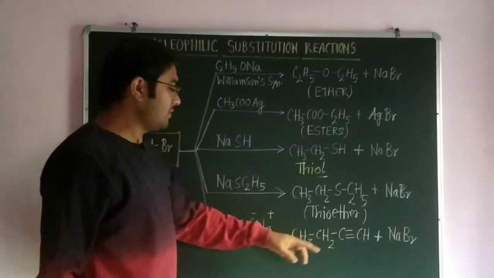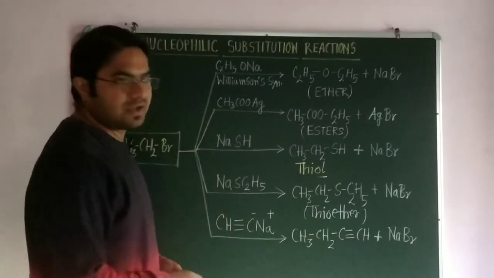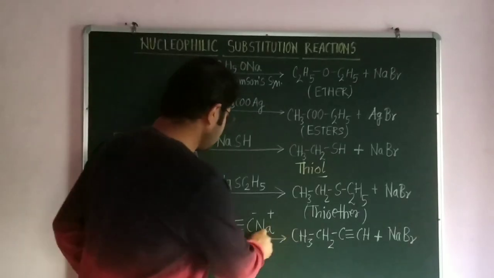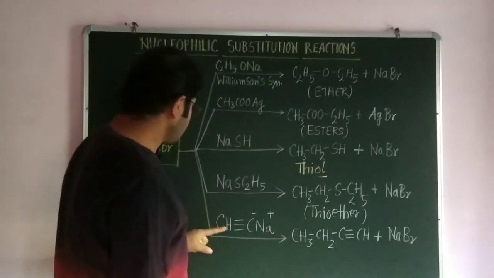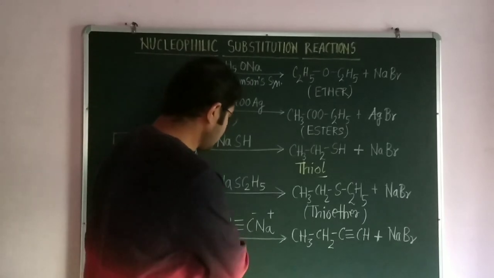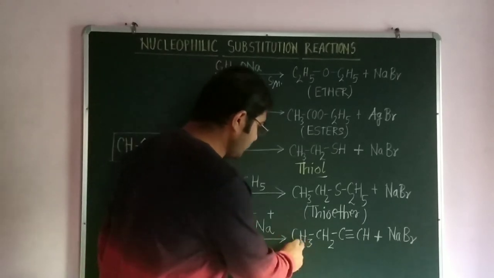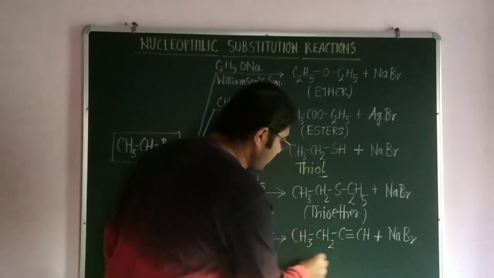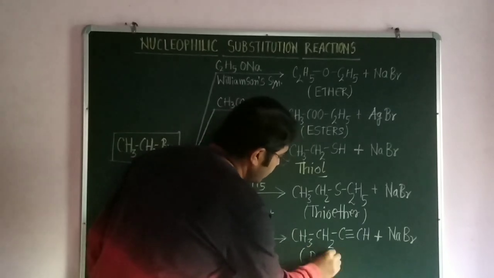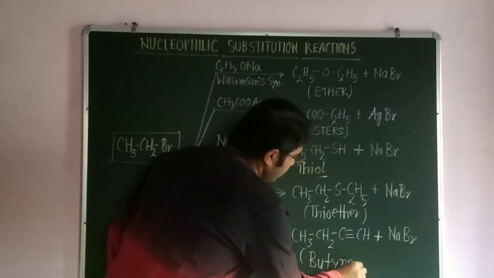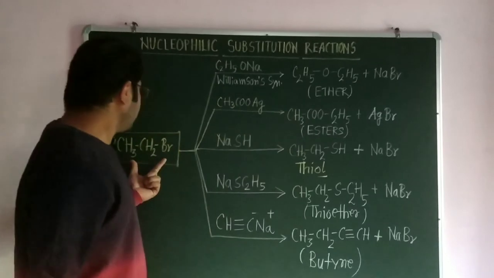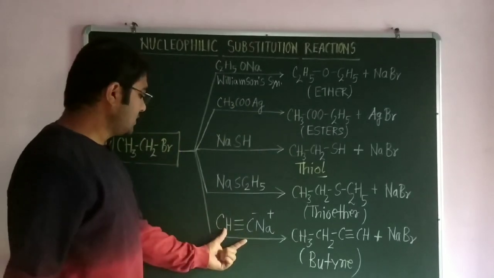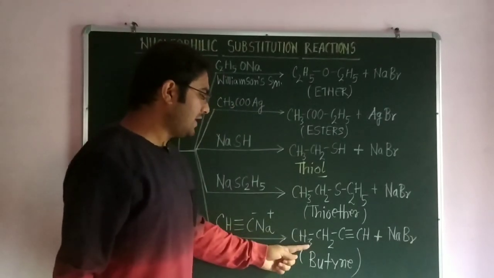This is one of the important reactions for direct conversions. In this reaction, CH3CH2Br is treated with CH≡CNa, and it forms CH3CH2C≡CH, so when the ethyl part is treated with this reagent, it forms a higher member of alkyne.